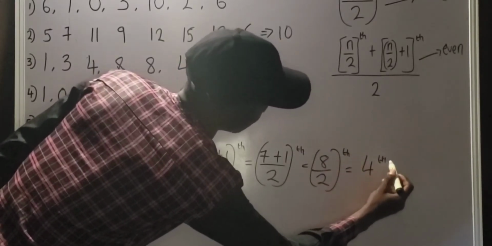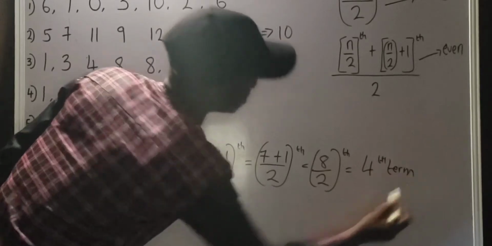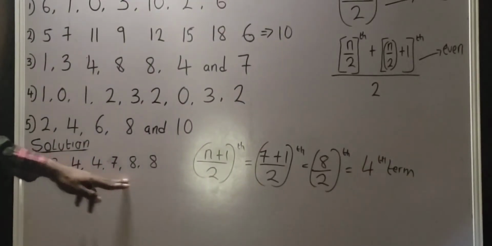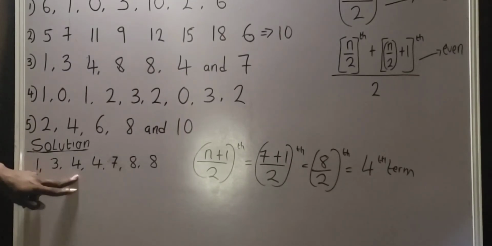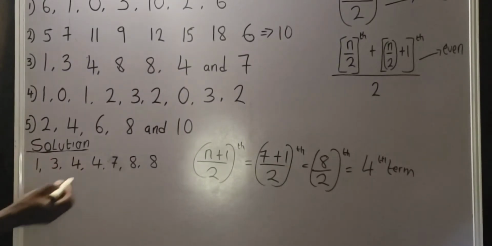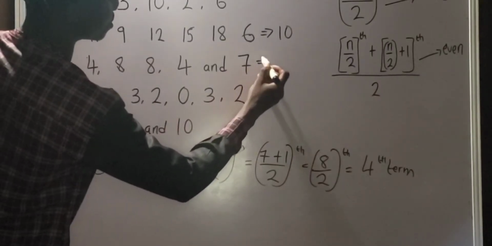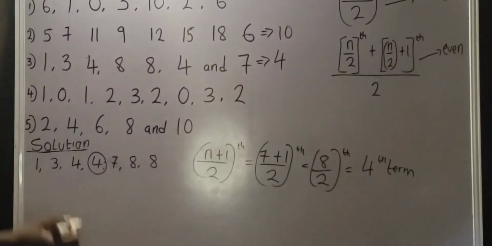So the fourth term among my data set will be the median term. Are you getting it? So let's check. This is the first term, second term, third term, and the fourth term. So the median is 4. You understand?